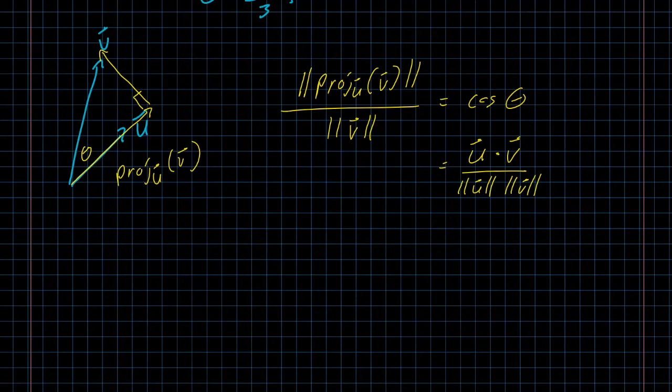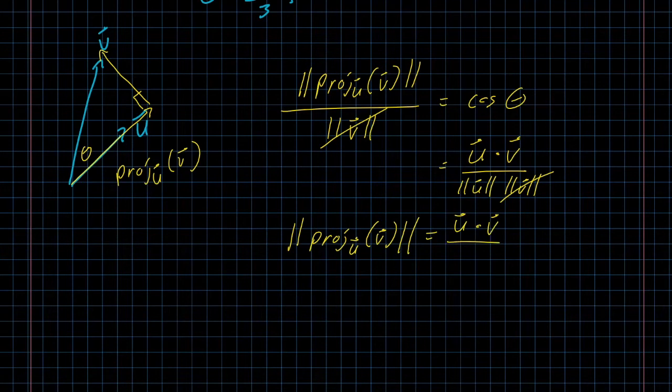All right. Very conveniently, there's a magnitude of v in the denominator of both of these. That's going to go away. So the magnitude of the projection onto u of vector v is the dot product u dot v divided by the magnitude of u.